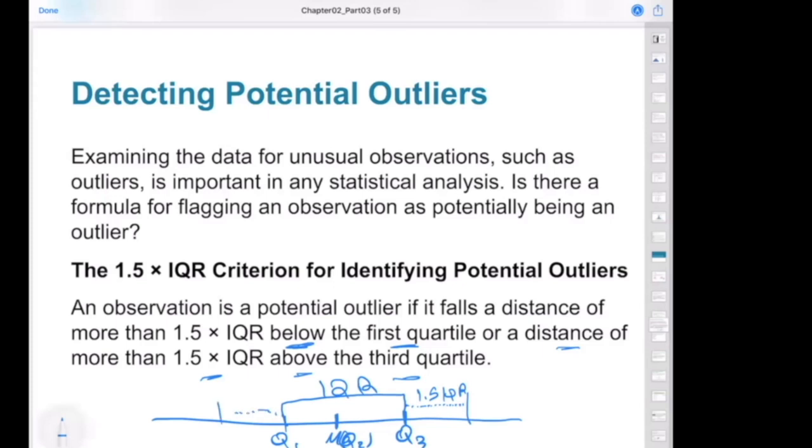This is the 1.5 times the interquartile range. Of course, this is the distance below Q1. This is the distance above Q3. So any value in your data greater than here or less than here, we consider it an outlier. Okay?